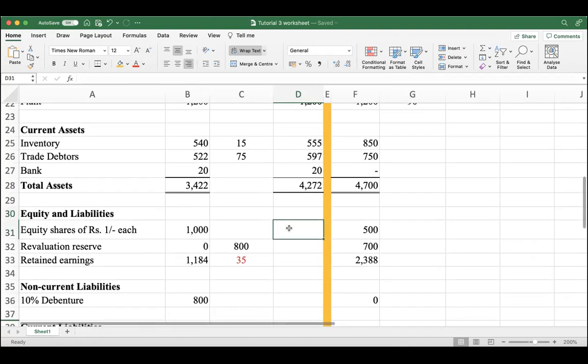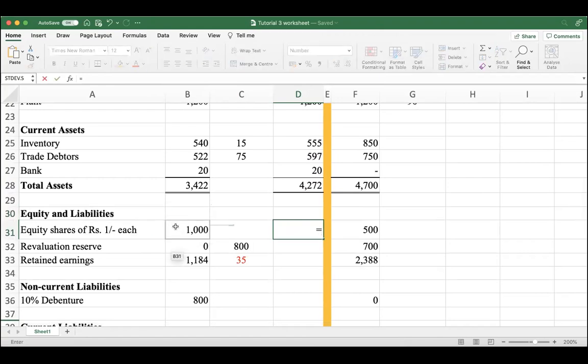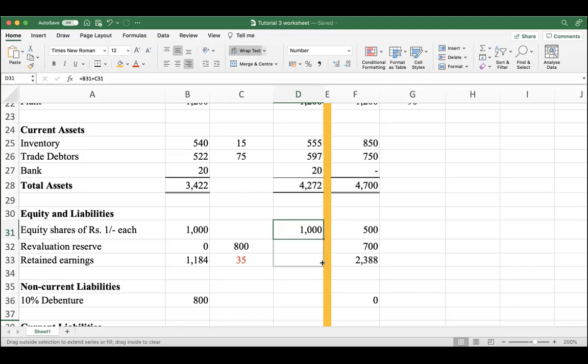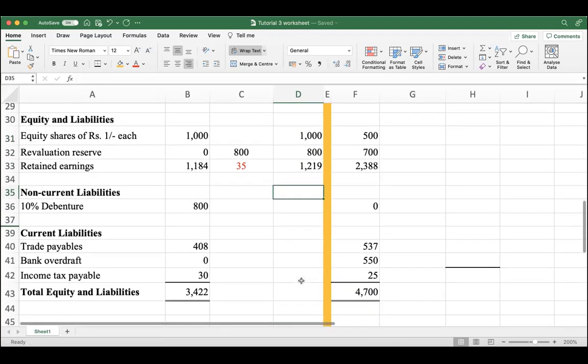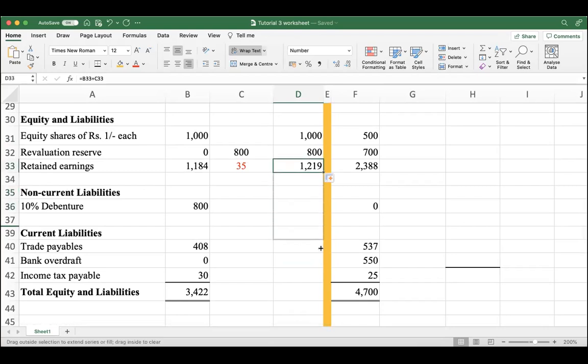Then equity shares, there's no change. But revaluation reserve increases by 800. Retained earnings increases by 35. Other things are same.